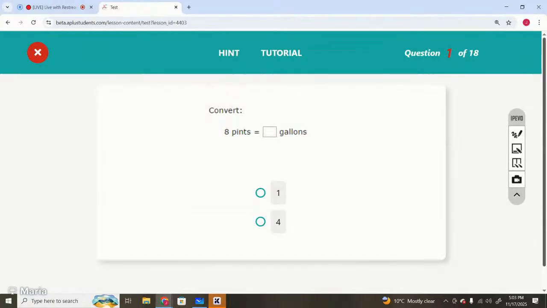Eight pints equal how many gallons? Eight pints equal 1 gallon. The correct option is option number 1.